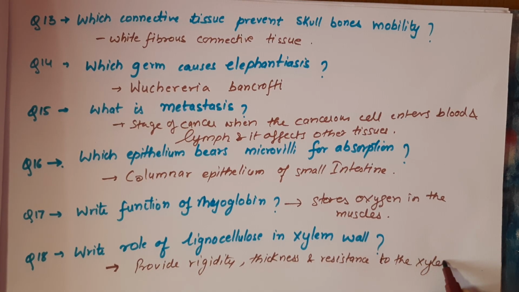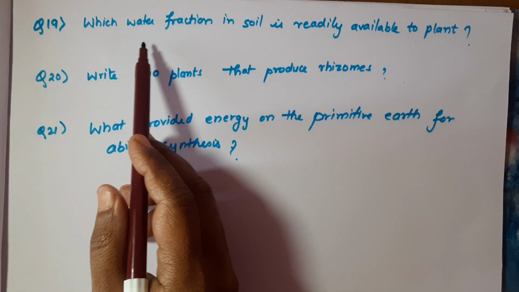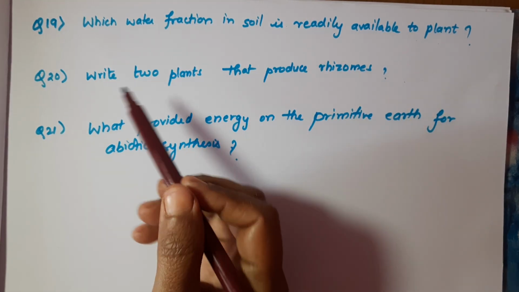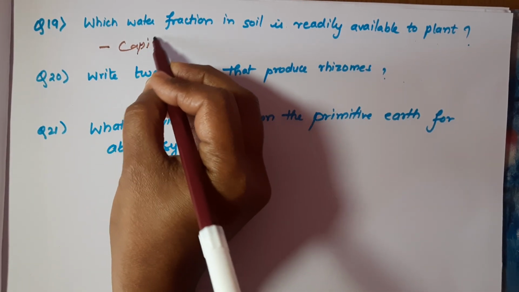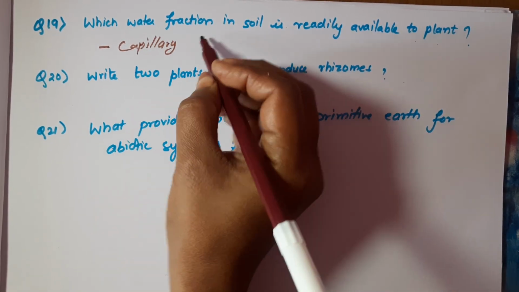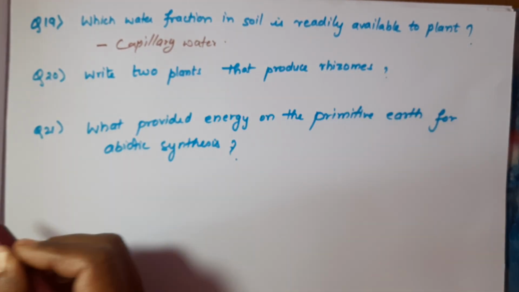The next question is, which water fraction in soil is readily available to the plant? The answer is capillary water. The capillary water is readily available for the plant for absorption.